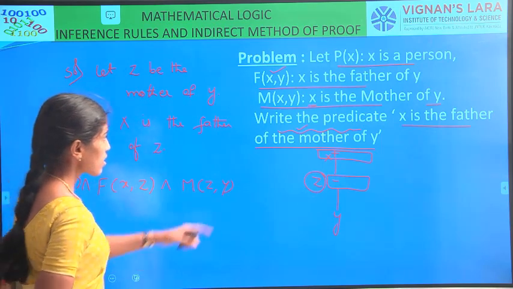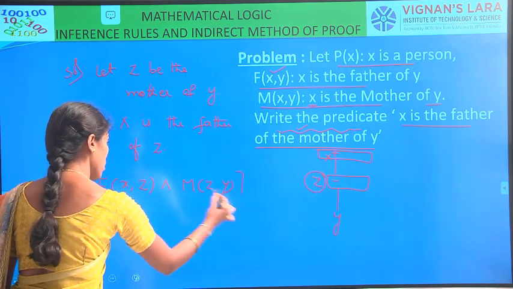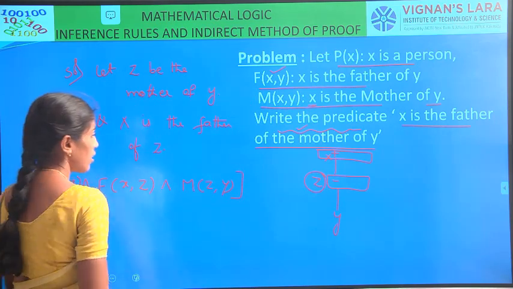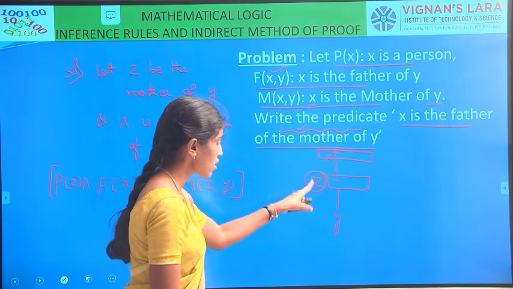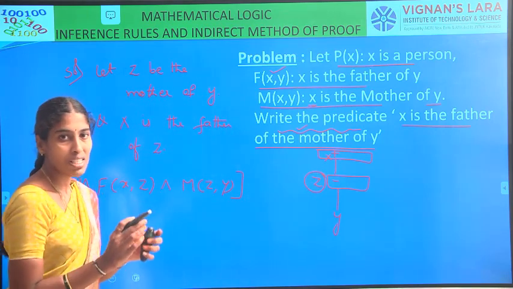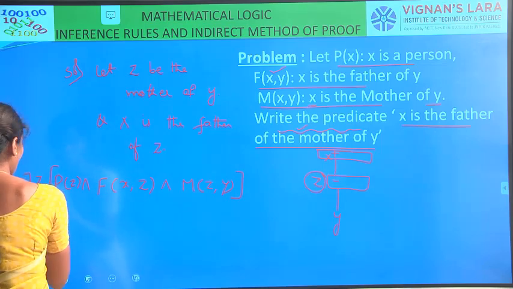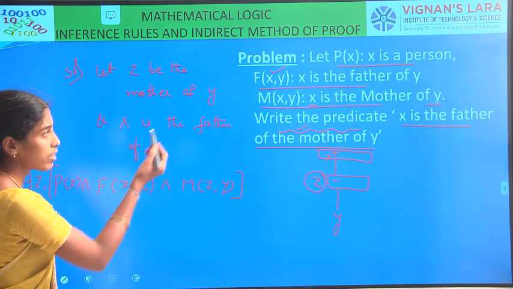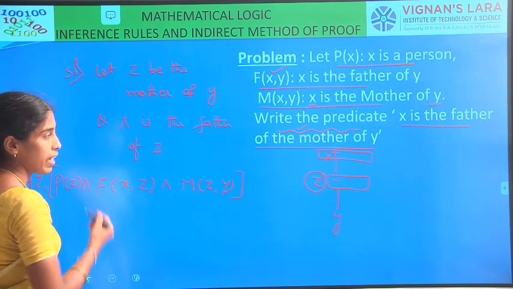So person is denoted by P of z. How can we write this one? There exists some Z. Z is the mother of Y and X is the father of Z. Some person must exist here. Therefore, there exists Z. Like that we write this problem sentence in terms of predicates.